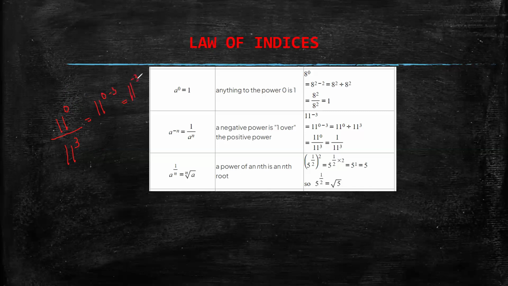I told you in the previous video, when the power is negative and you want to convert the power into positive, you just need to move the number. If the number is written in the numerator, you have to move it into the denominator. So this number is written in the numerator, so I will write it in the denominator, and the power becomes positive. So 1 upon 11 raised to the power 3 is the answer if we want to simplify this. I hope you got the point.